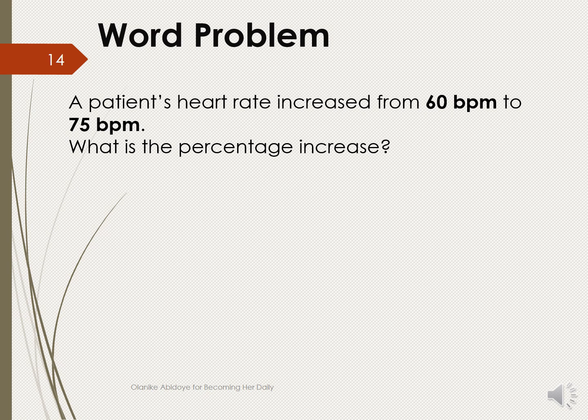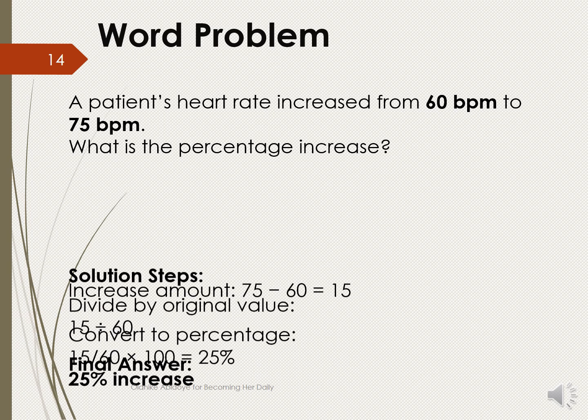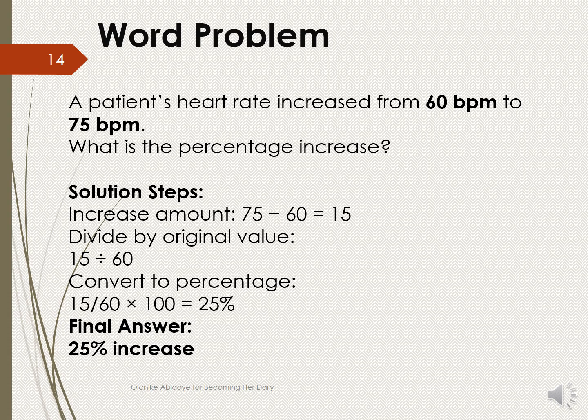To find the percentage increase, we divide the increase by the original heart rate, which is 60, then multiply by 100. So 15 divided by 60, times 100. At the end of the day, our answer is 20.